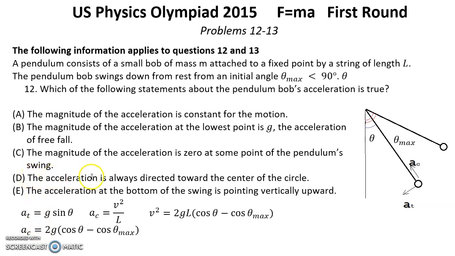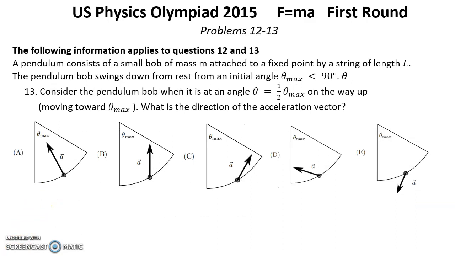D. The acceleration is always directed toward the center of the circle, which is not true. We have tangential acceleration which is not going to the center. E. The acceleration at the bottom of the swing is pointing vertically upward. That's true. Tangential equals 0 and the centripetal is going vertically. So that's the correct answer.